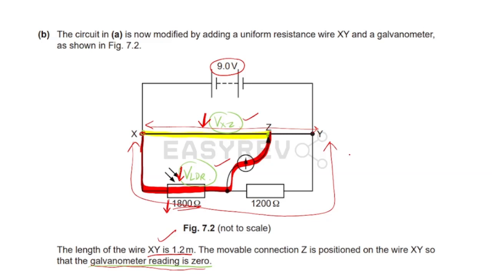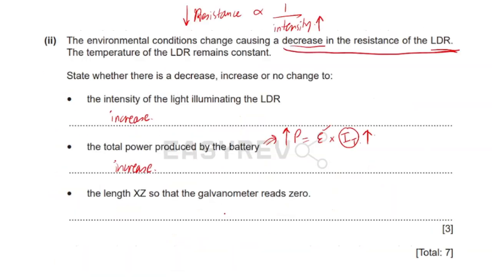Since we already established that the potential difference is directly related to the length of the resistance wire, that means we will definitely have to decrease the distance xz so that the galvanometer reads 0 once again. And so the last part will include a decrease.